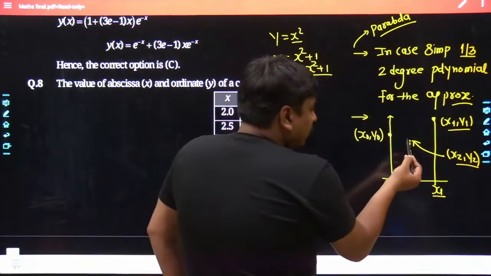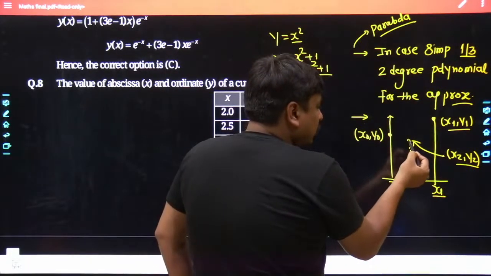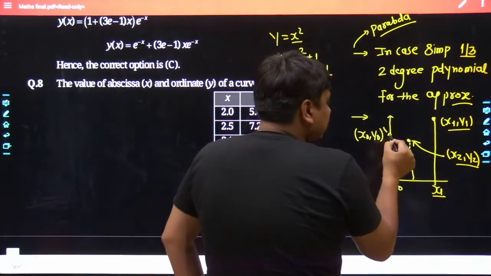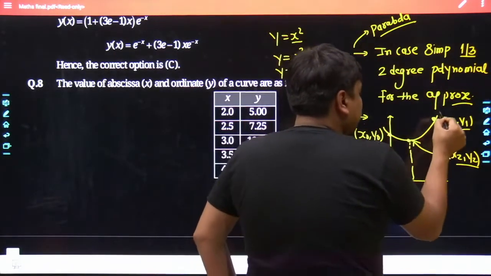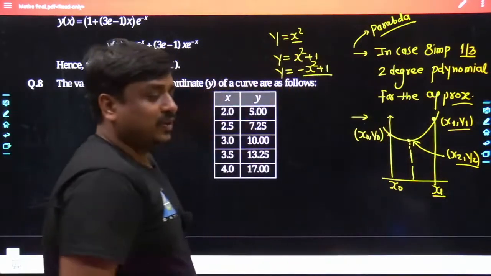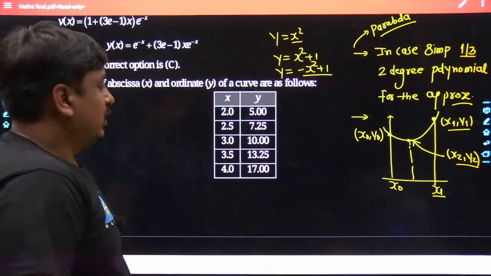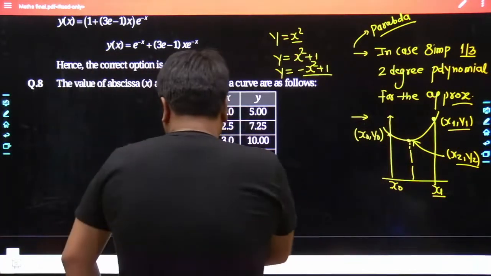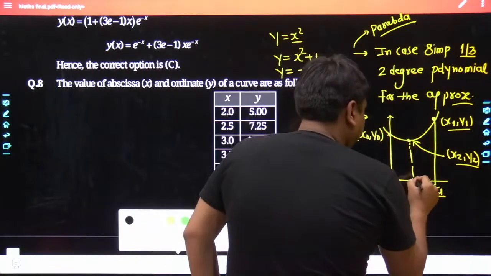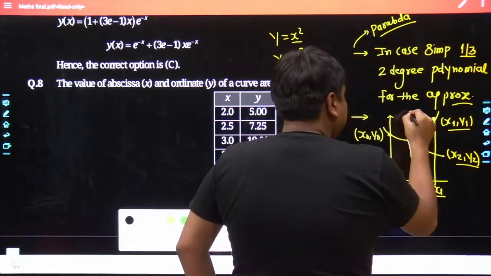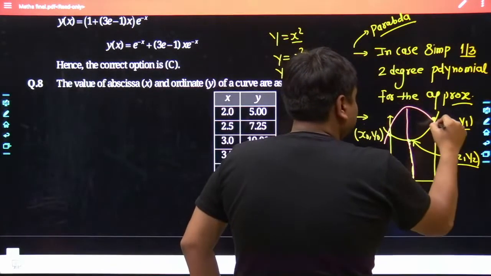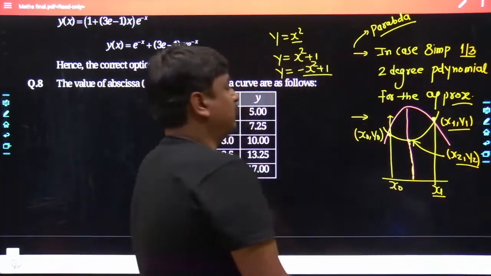If the value of the function at this point is lower than this and this, the type of parabola which would be approximated would be upward facing. Similarly, if you have another situation where the value of the function at x2 is greater than the value at x0 and x1, obviously you would be approximating with the help of a downward parabola.